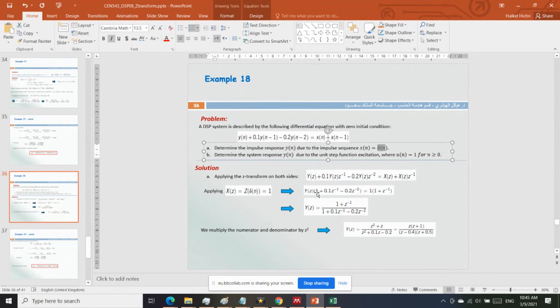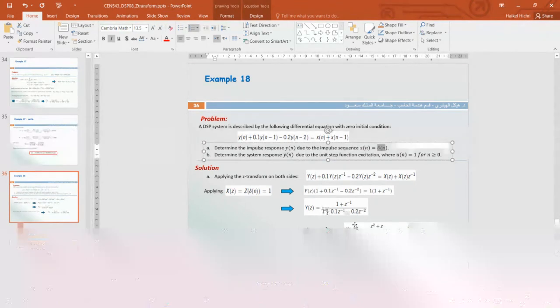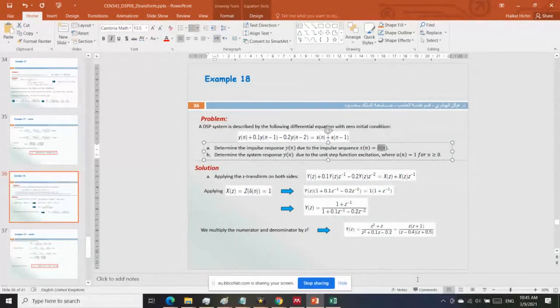And then we take this part and move it to the other side, so it becomes the denominator here. Now we get rid of z to the power minus 2. To get rid of it we multiply by z squared below and z squared above on both sides. So when we multiply z squared on top it becomes z squared plus z, and below here it becomes z squared plus 0.1 z minus 0.2.